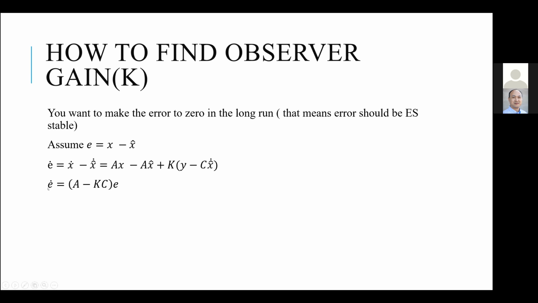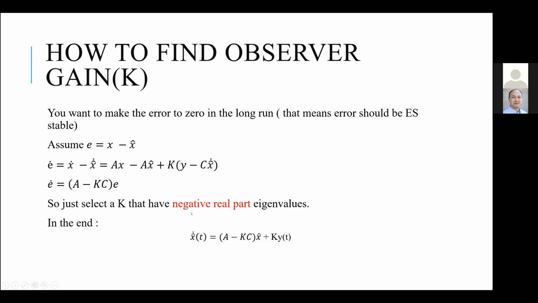You want to make the error as small as possible, so you want e to be stable to 0. So you need the matrix A minus KC to have negative real parts. You need to select K to make A minus KC have negative real parts.